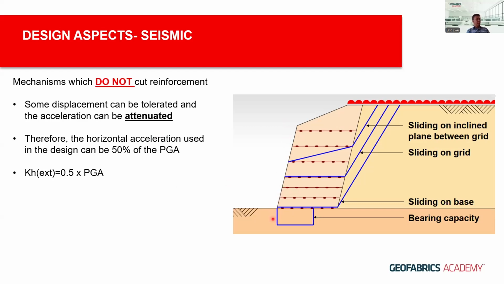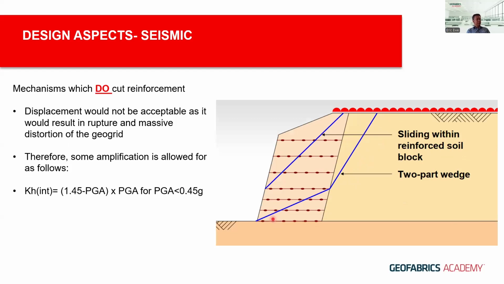Therefore the forces can be attenuated. You can reduce the peak ground acceleration by around 50%, so the horizontal acceleration in this case becomes 0.5 of the peak ground acceleration.